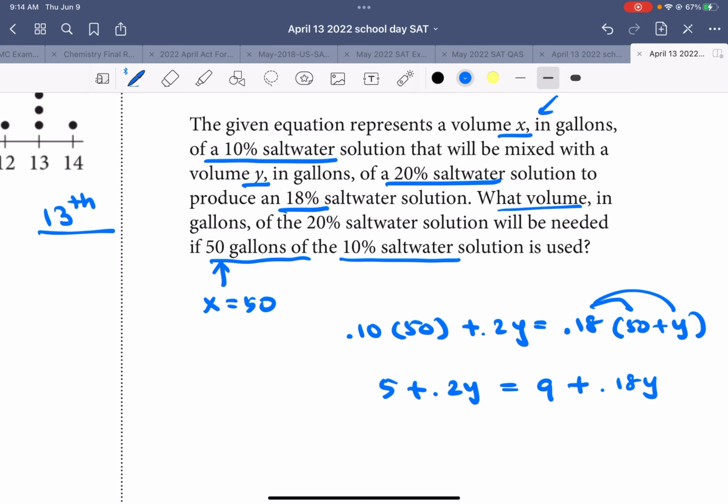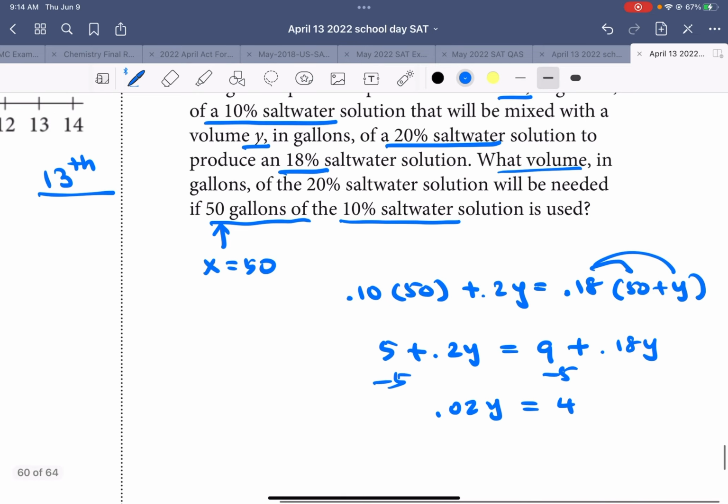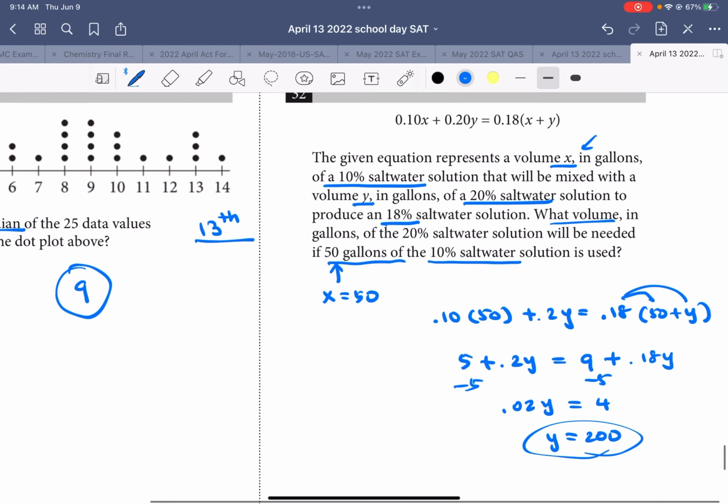When you subtract 0.18y from both sides, you get 0.02y, and then you subtract 5 from both sides, so 4. So 4 divided by 0.02, y is 200. That should be the answer, just 200. So you plug it in, find the right value for the variable, and then find the unknown values.